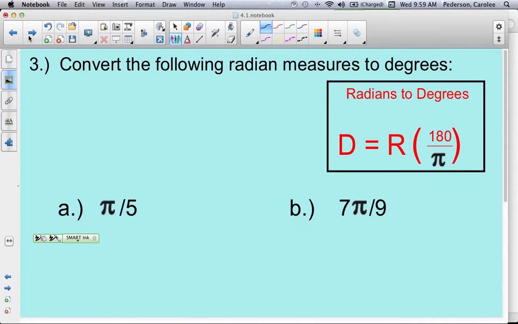All right. Now let's do the opposite, where we convert from a radian measure to degrees. So our formula is going to change. The only difference in this formula is now the fraction has flip-flopped, so that our pi's will cancel.